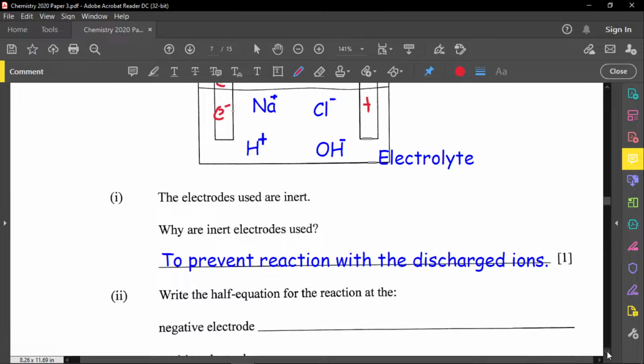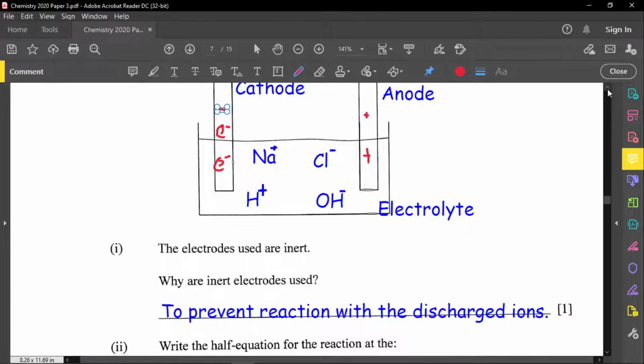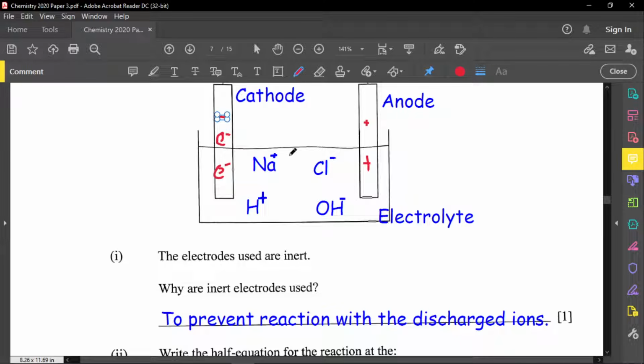All right, and that will help us now with our half equation. So our half equation at the negative electrode. What will go to the negative electrode here, just to make a note, there are two ions, but the hydrogen will be preferentially discharged and will go towards the negative electrode.